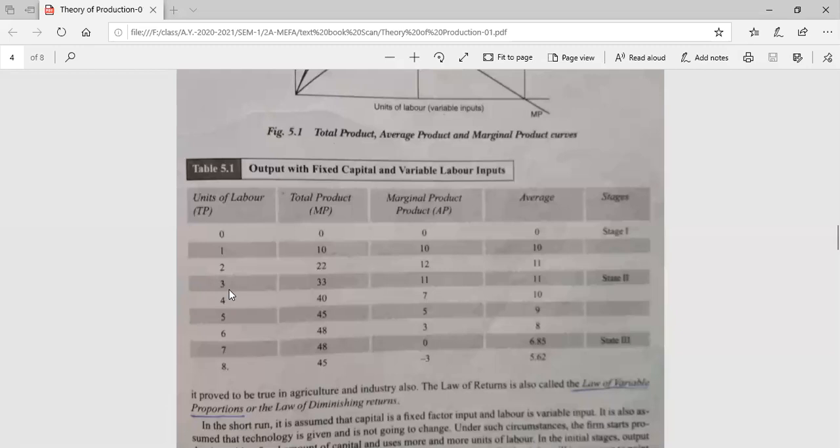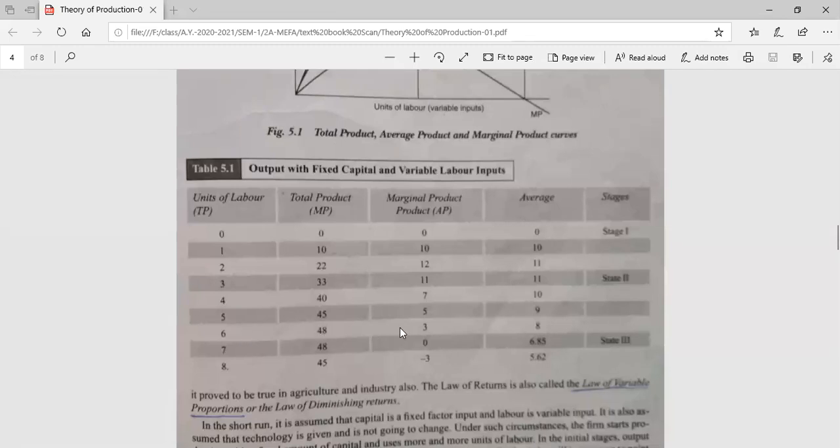After that, I increased one more person, but it is becoming 7 right now. Okay. So I further increased the labor, but the total production, you can see it is increased by only 5 units. I further increased the input labor.